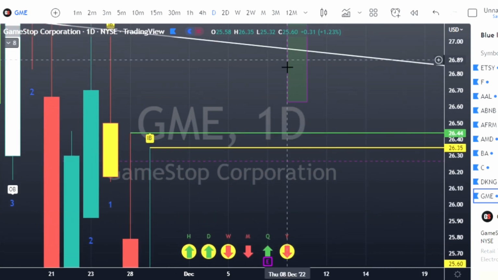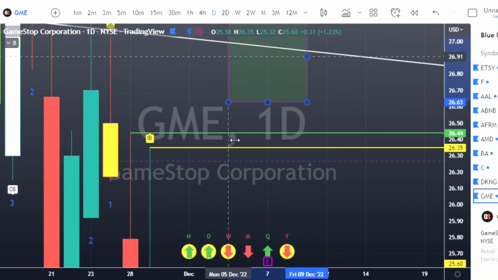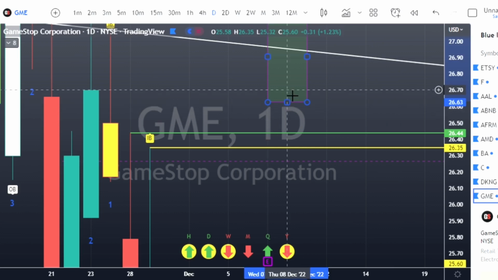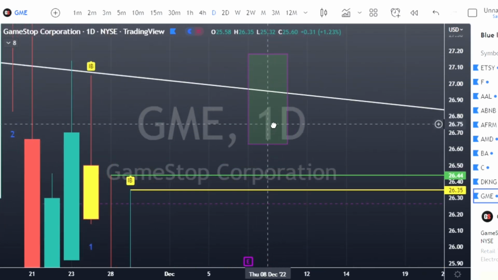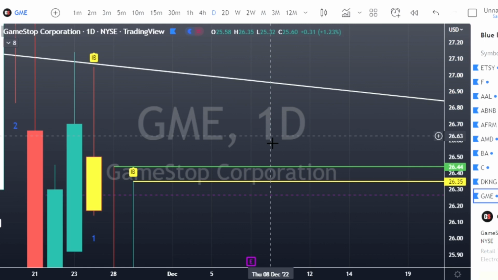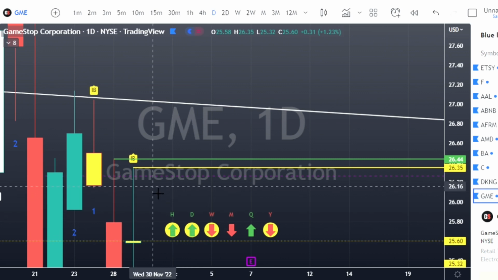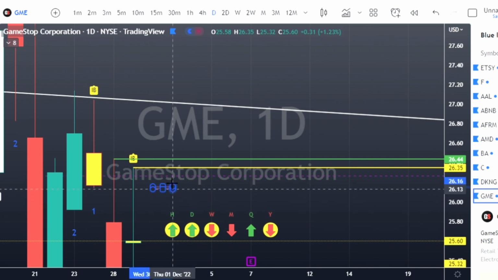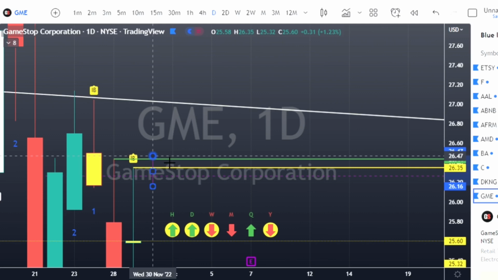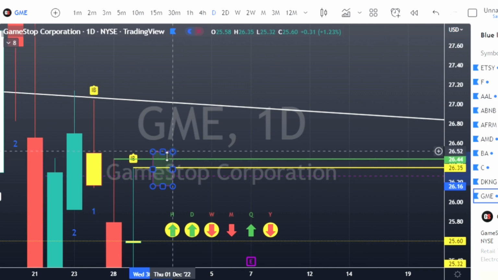So what ends up happening a lot of times is we'll open up right here and we start coming up and we hit that target, like so. And then that's all we'll get. And then this thing will start to retrace.